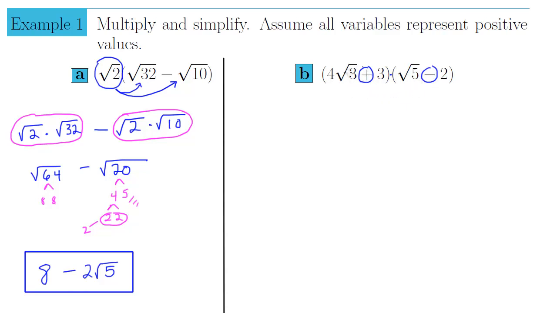We're multiplying a sum of radicals with a difference of radicals. So the strategy in this case is to FOIL. We're going to multiply the first terms, the outer terms, the inner terms, and the last terms.